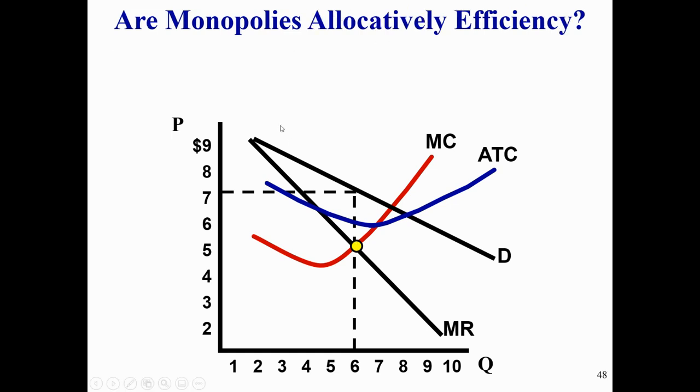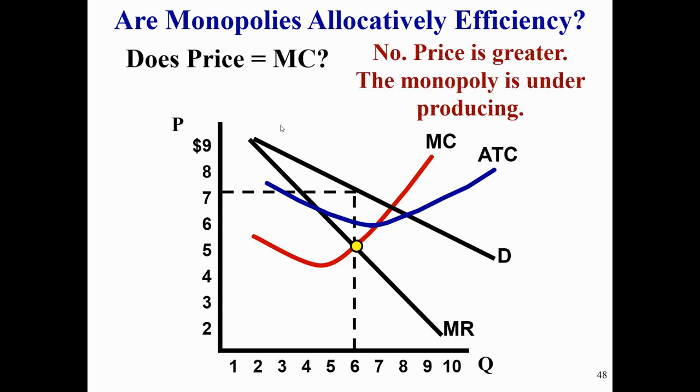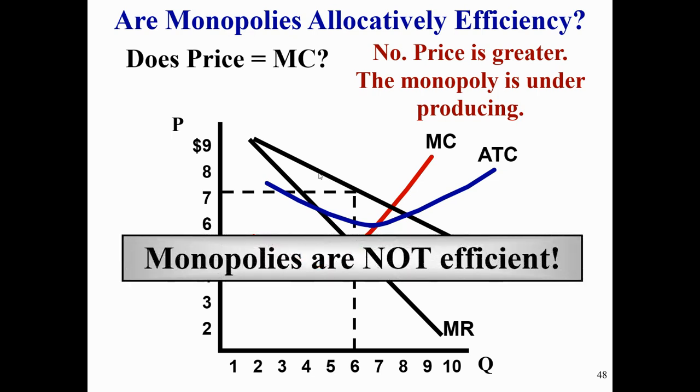Now, are monopolies allocatively efficient? When I ask about allocative efficiency, does the price equal marginal cost? Neither, because price is greater, the monopoly is always underproducing.